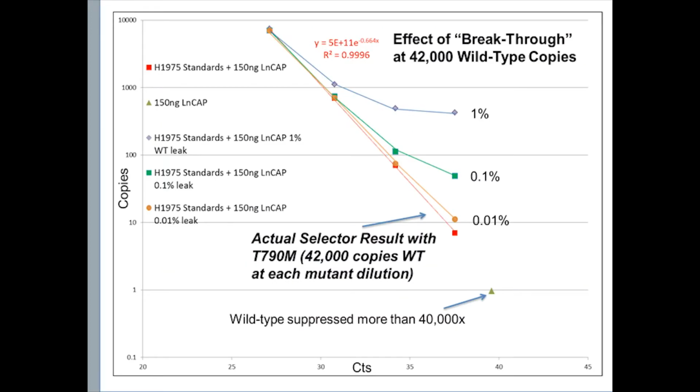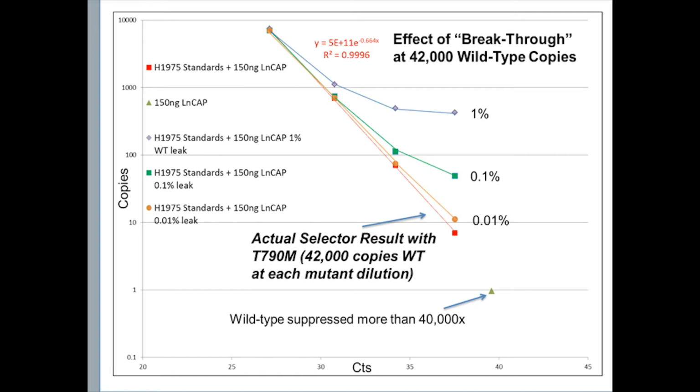To give you an idea of how good the performance is, this red line is a dilution series of the mutant. 7,000 copies, 700 copies, 70 copies, 7 copies. It looks theoretical, but that's the actual data. It's not only the actual data of a dilution series of detecting a mutant down to 7 copies, it's in 42,000 copies of wild type.